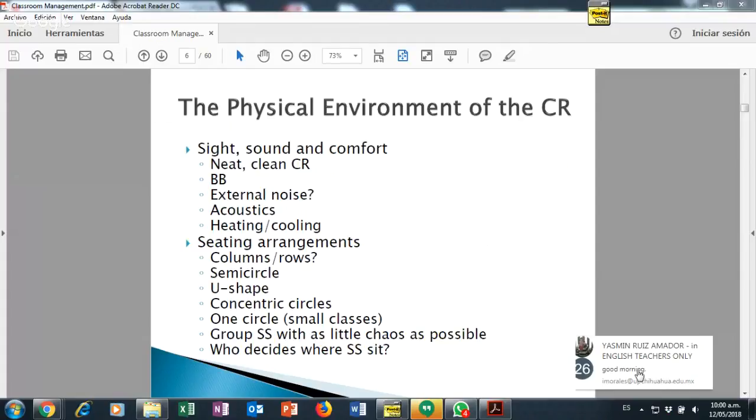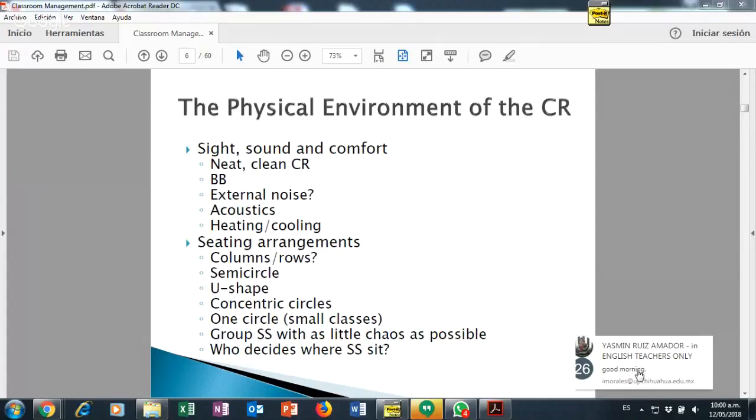Okay, sound as well. In a lot of schools, they don't understand that teachers need good sound. We need to have good speakers because a lot of our activities have to do with sound. And our school contributes to limiting our students' access to listening exercises.